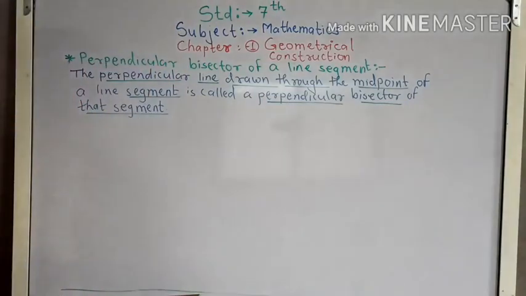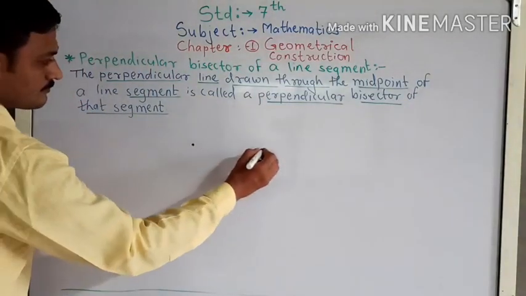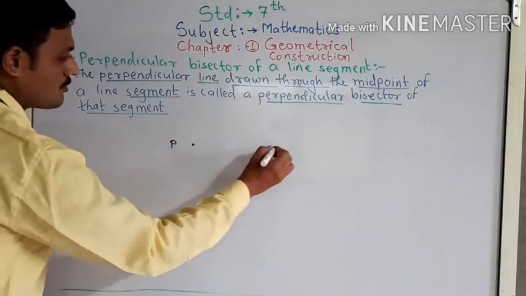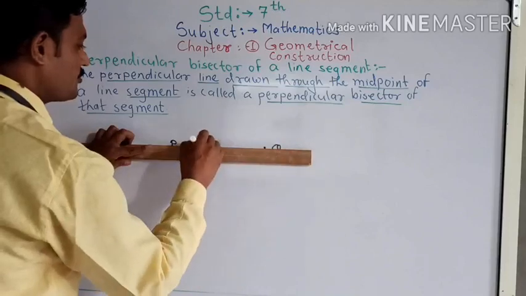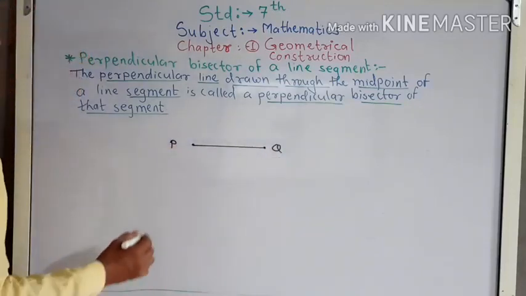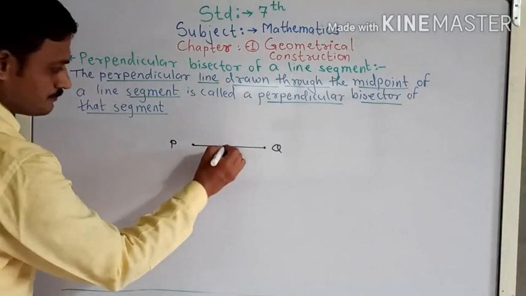Here this is a segment PQ. We join these points P and Q with the ruler. We get segment PQ.